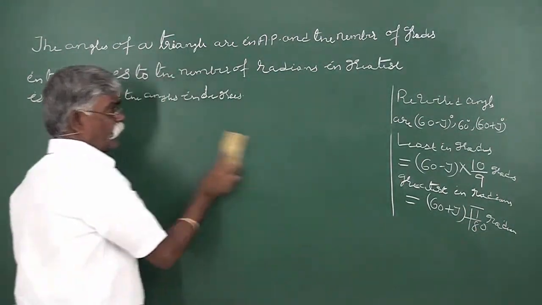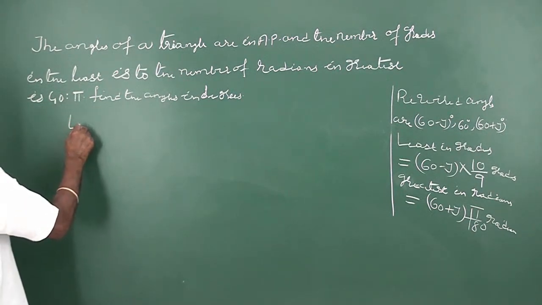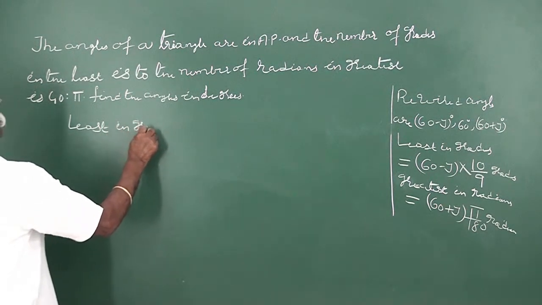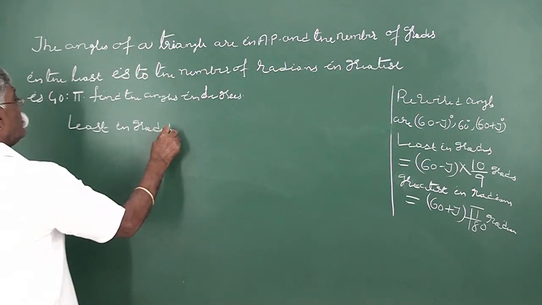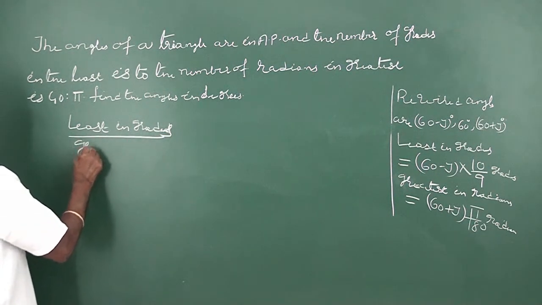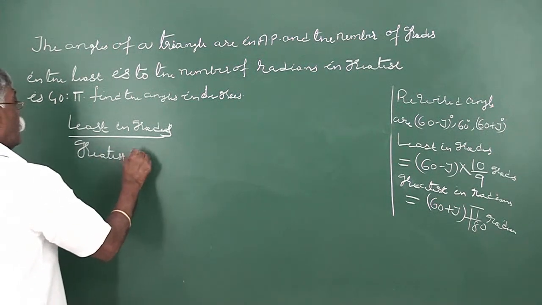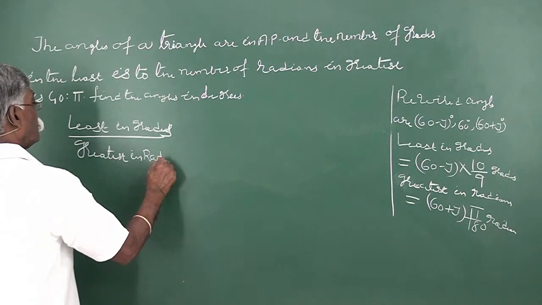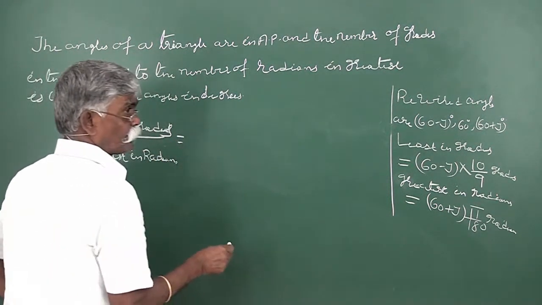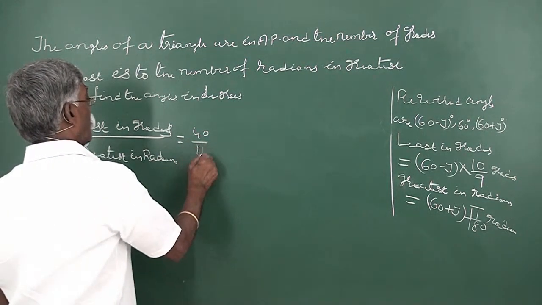Now the ratio between the least in grades by greatest in radians is equal to 40 by pi.